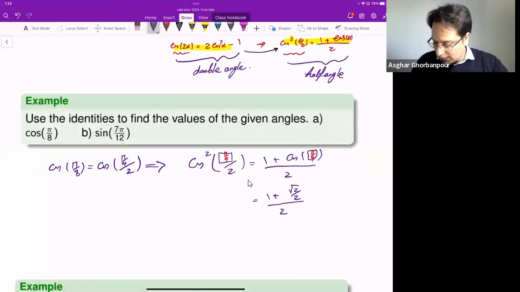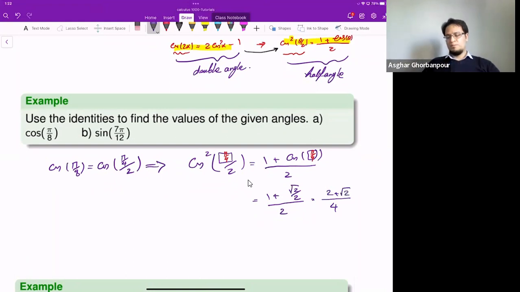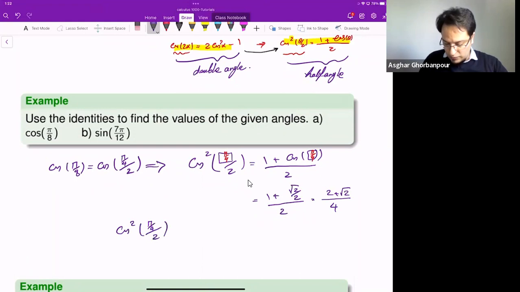So I can simplify this a little bit: it's 2 plus root 2 over 4. Now you know that cosine squared of pi over 4 divided by 2, which by the way is cosine squared of pi over 8, is 2 plus root 2 over 4.